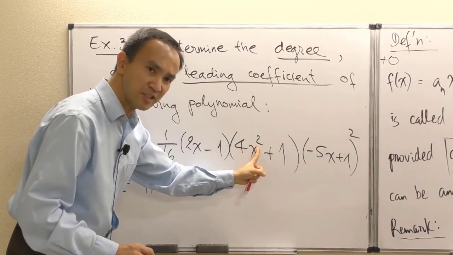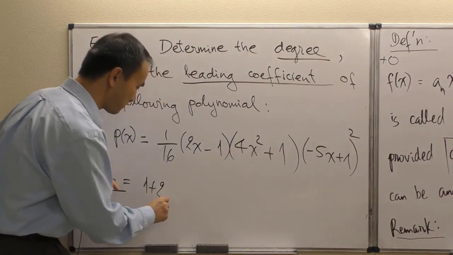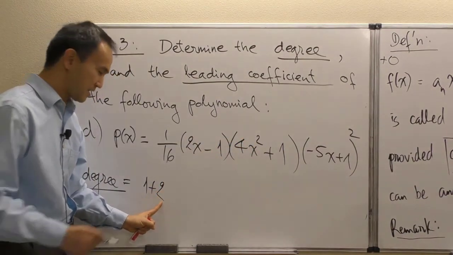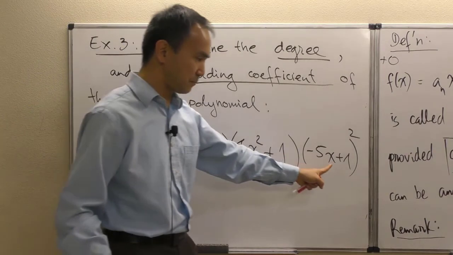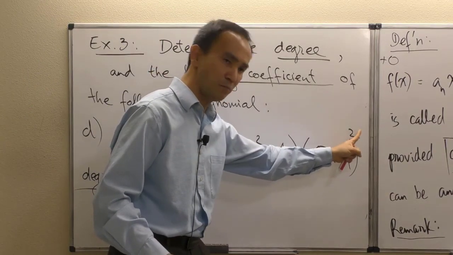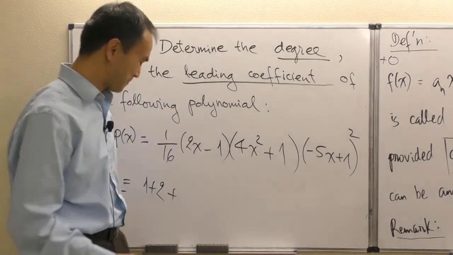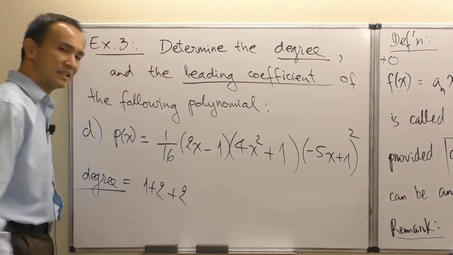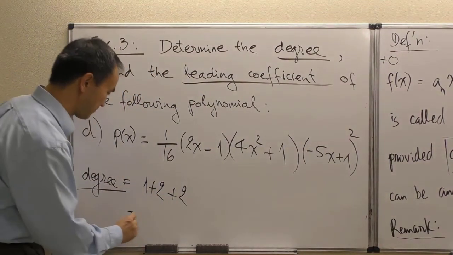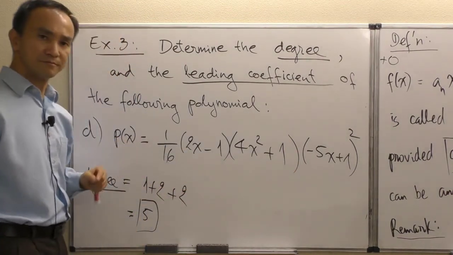So look at this x right here, it's already a second degree. So 1 for this, 2 for that x squared, and then I'm going to add with, admittedly, a linear factor, but it has multiplicity 2, so it's power 1, but it's multiplied 2 times. That's another way of explaining multiplicity. So now I can legally add 2 to that. So 1 plus 2, our final degree is degree 5 for this overall polynomial.